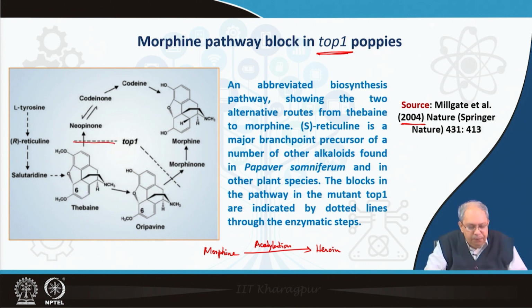When they analyzed the top1 mutant, they found that it accumulates a high quantity of thebaine, but not morphine, not codeine. That means the route from thebaine to codeinone via neopinone is blocked. And not only that, this route is also blocked, that is from oripavine to morphinone.